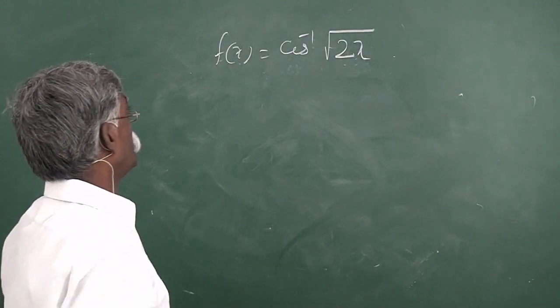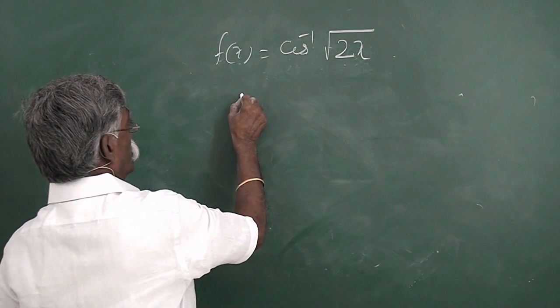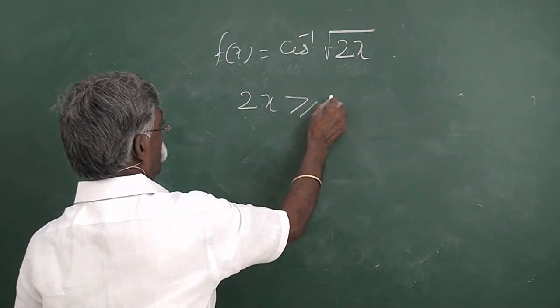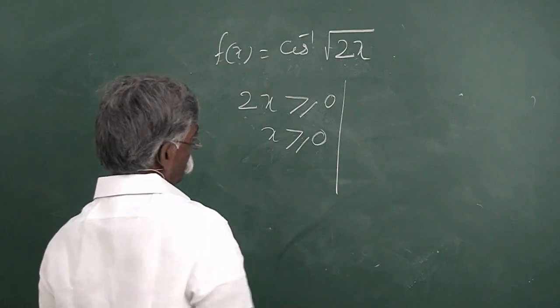F of x is equal to cos inverse root 2x. Since 2x is inside the square root, 2x must be greater than or equal to 0. That means x is greater than or equal to 0.